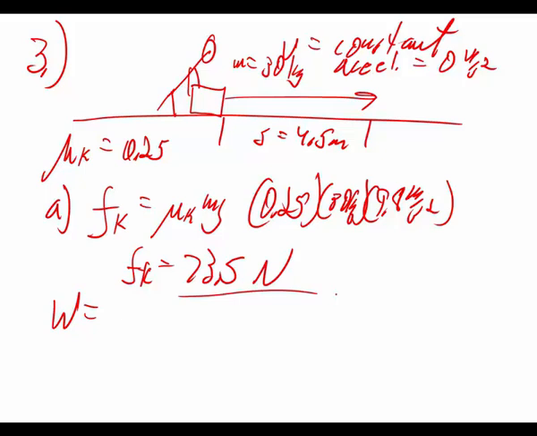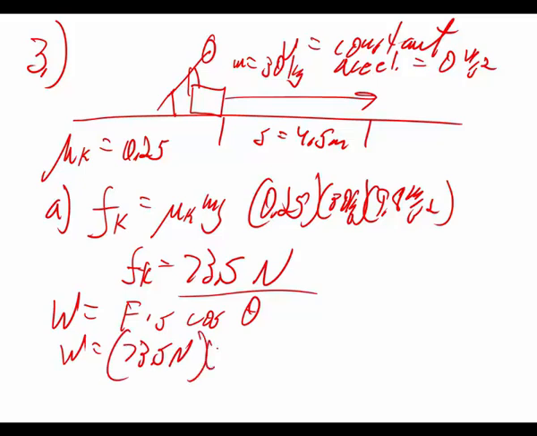All right? So can we do this right here? What was it, 4.5 meters? Cosine is 0 degrees. And we get what? 330.75 joules.